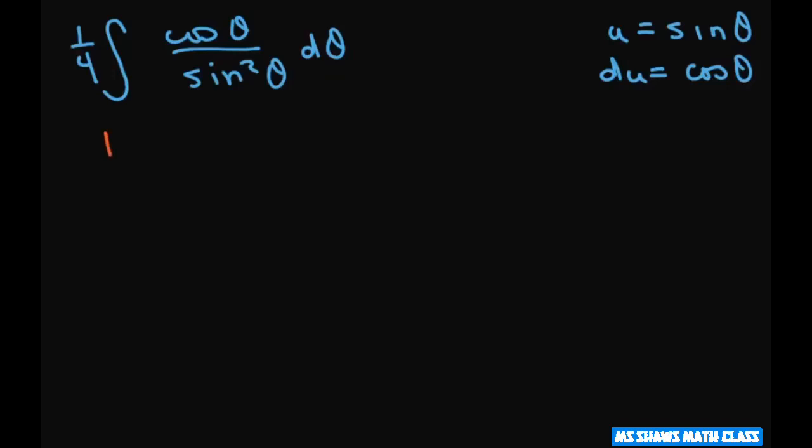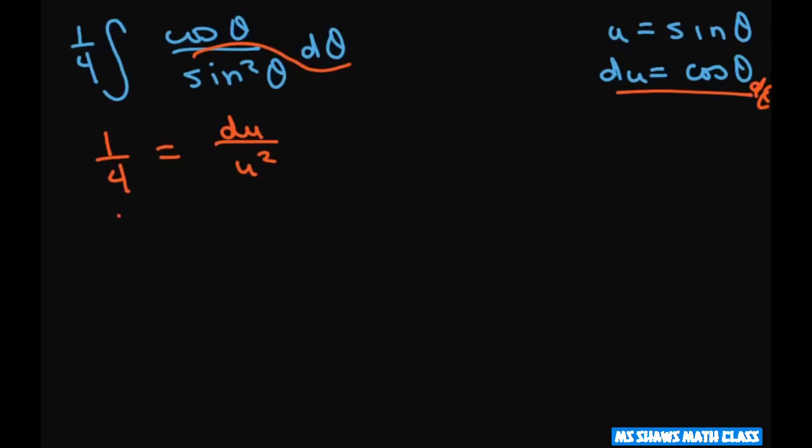We're going to get 1/4, and du is our cosine. Oops, we should have d theta here. Sorry about that. So it takes care of that piece. And then sine squared is just going to be u squared.